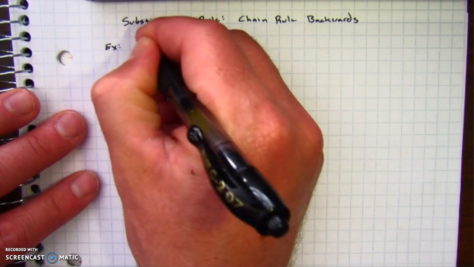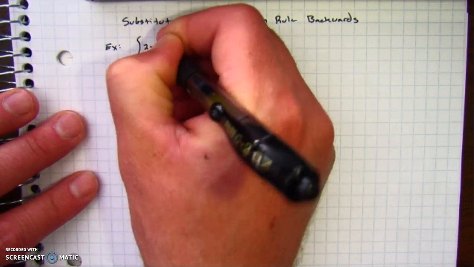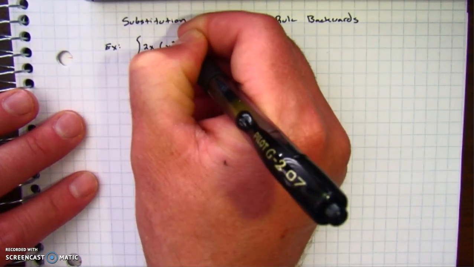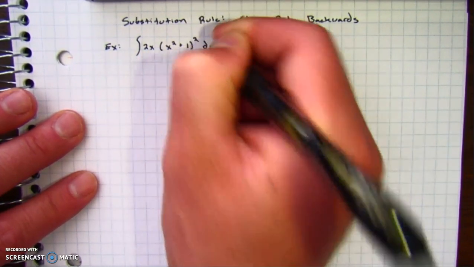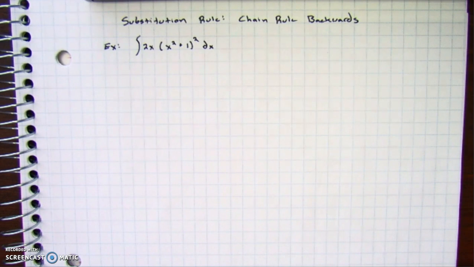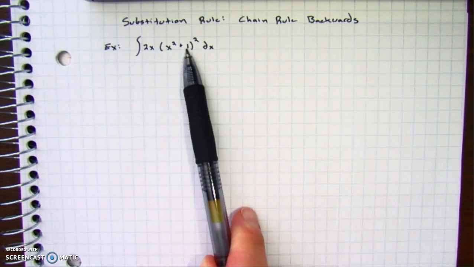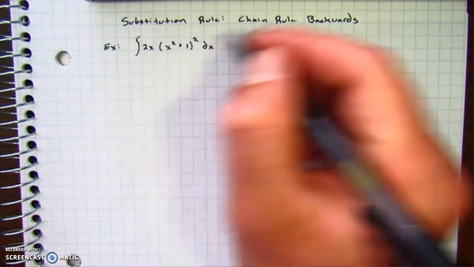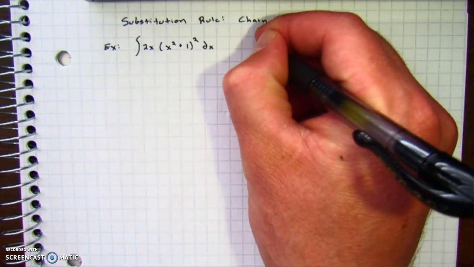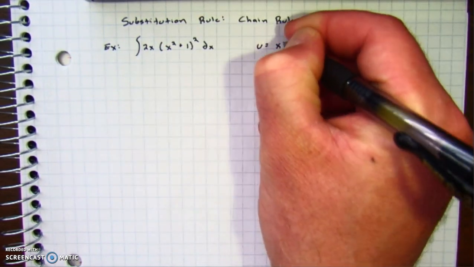So let's say we have the integral of 2x times (x squared plus 1) squared dx. Looking at this, we might say, okay, this looks like a composite function. So over here on the side, instead of this x squared plus 1, we're just going to say that's u.